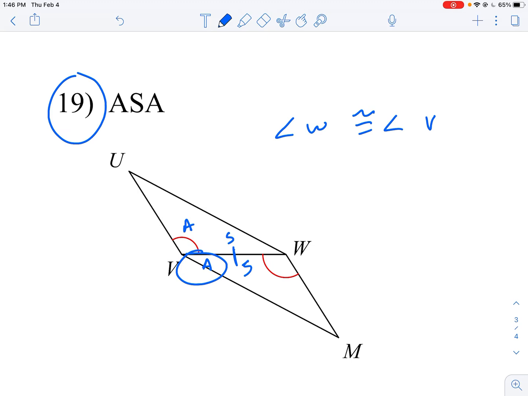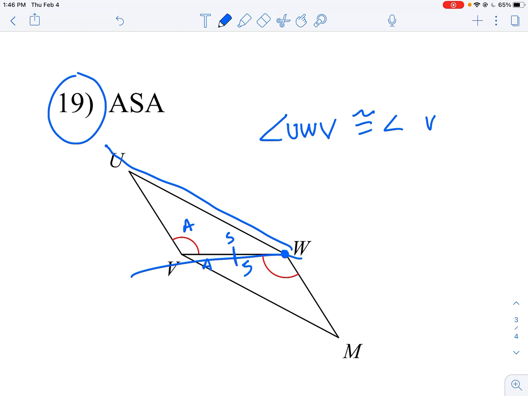And so we actually have to use 3 letters to describe it. And the way you write out your 3 letters is the center of your angle is going to be the middle of your angle name. And you're going to write the other 2 letters that form the sides of the angle. So we're going to have U to W and then W to V. And when I write the name, it's going to be angle U, W, V.